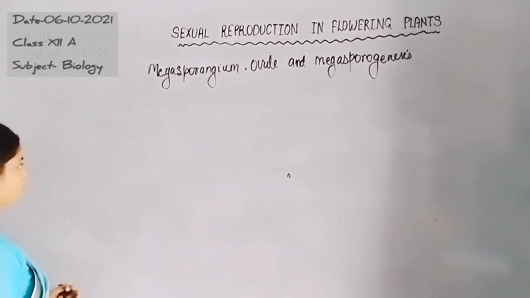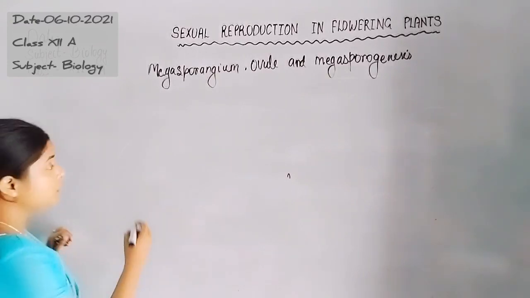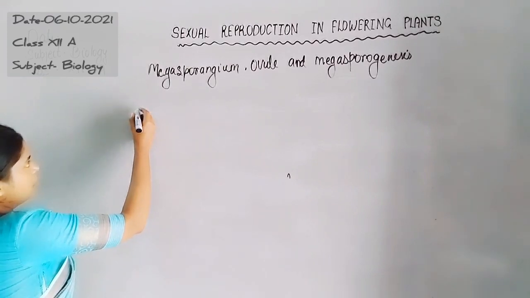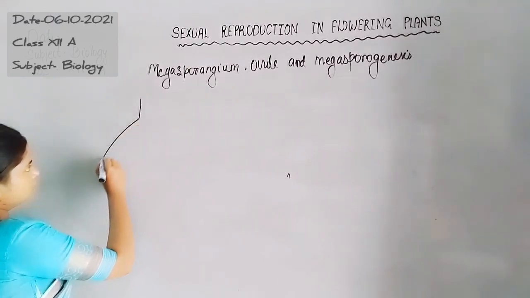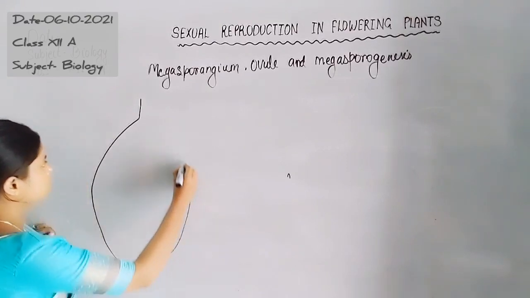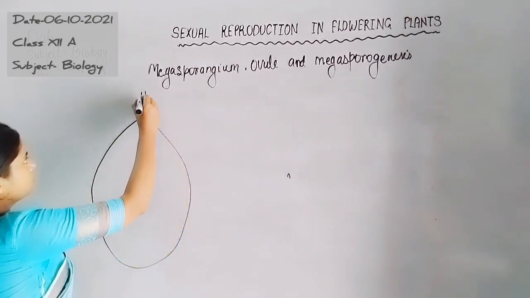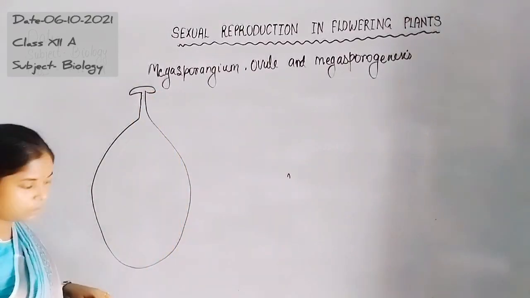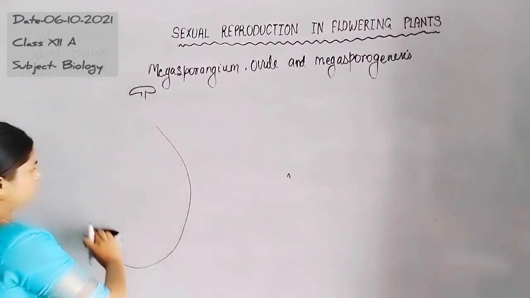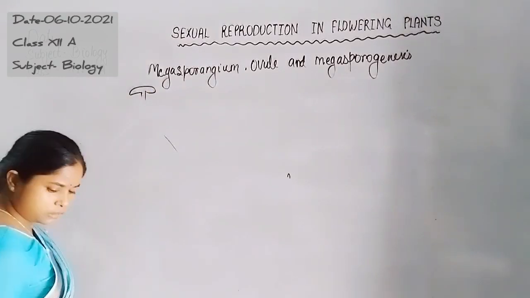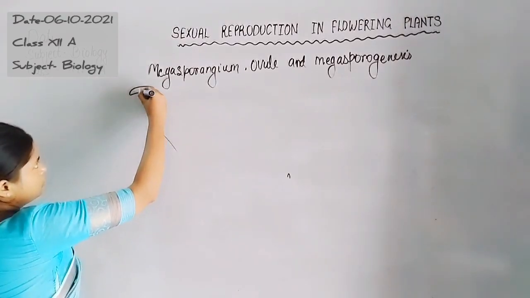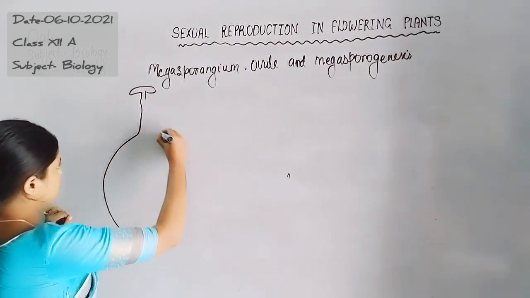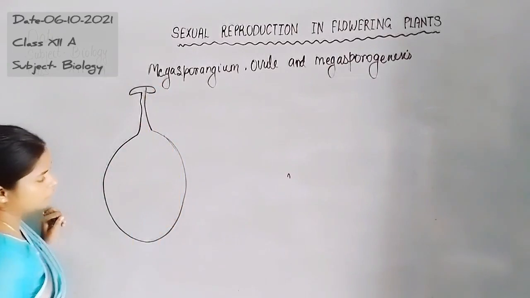The megasporangium is the ovary only. Inside the ovary, the megaspore mother cell is present. The ovary can also be drawn in most plants like this. The style is long.